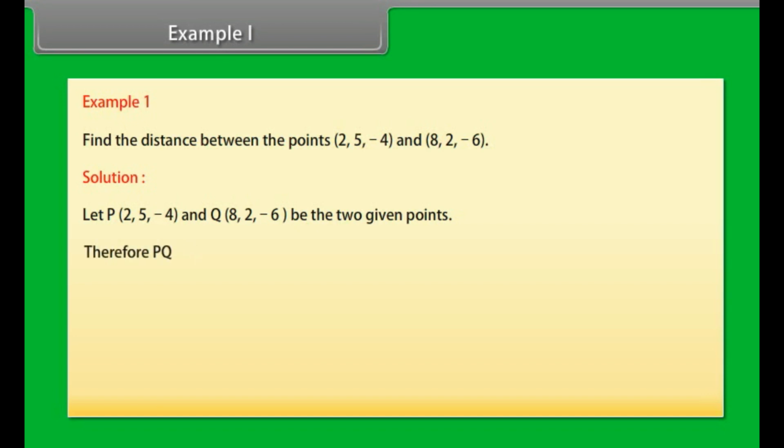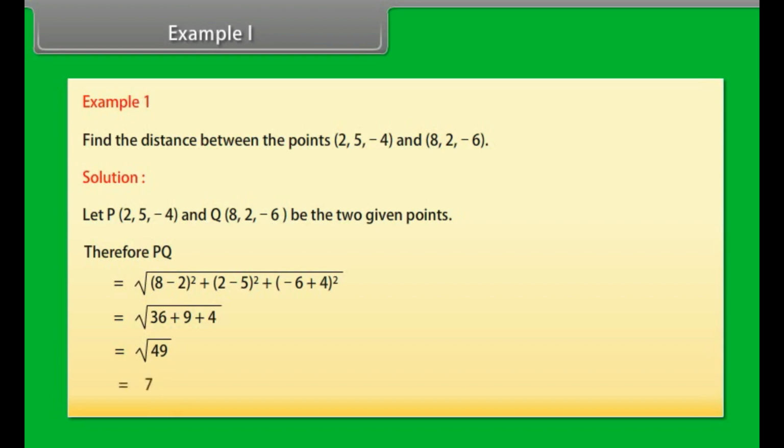Therefore, PQ is equal to square root of (8 minus 2) square plus (2 minus 5) square plus (-6 plus 4) square, equal to square root of 36 plus 9 plus 4, equal to square root of 49, equal to 7.